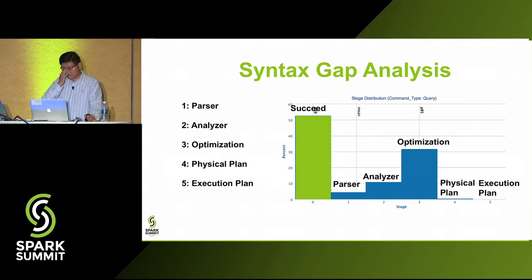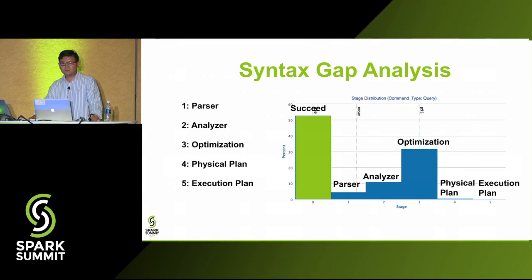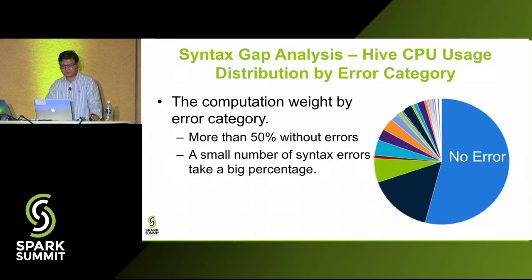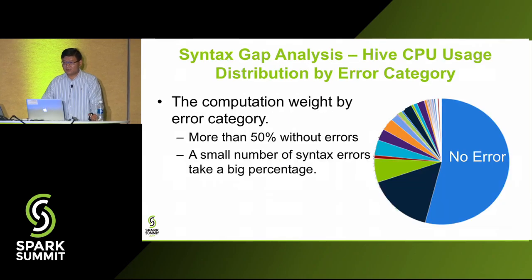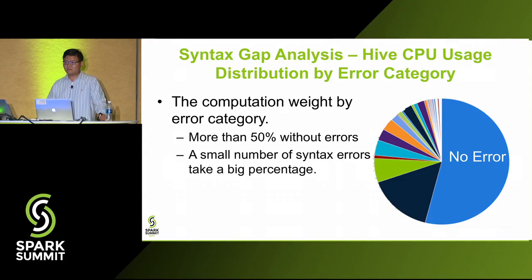It built up our confidence, but this percentage distribution is based on the number of queries. We also want to get more insights. With respect to the CPU computation, what's the distribution? This chart is quite consistent with the last one, but this is with respect to the computation cost. Still, more than 50% can go through the whole syntax analysis phase without any error.